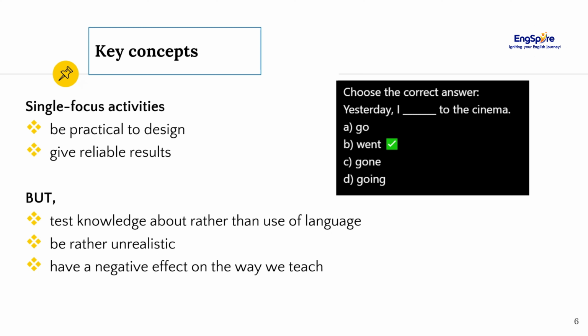In other words, the learner knows the correct answer in a test, but cannot use the language naturally. So, the test format can influence the teacher's teaching style, causing lessons to focus more on memorizing rules and choosing answers rather than developing real language skills.